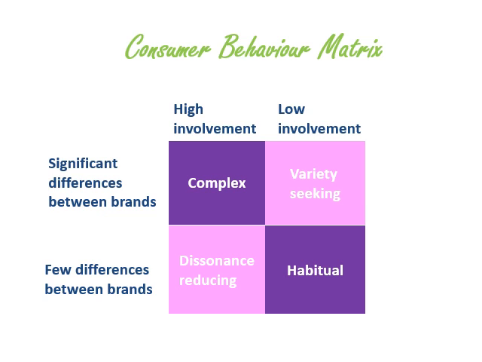When you've got a high involvement product, just like we've been talking about with the paint, but with significant difference between the brands, that's when you get a complex buyer behavior process. Think of buying a car as a classic example in this category, because the customer needs to do a great deal of research and thinking.